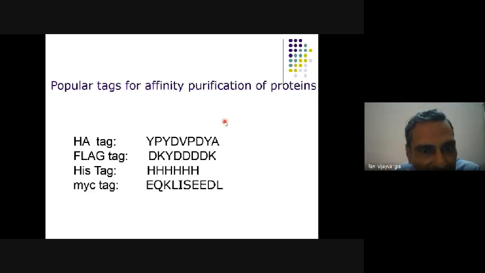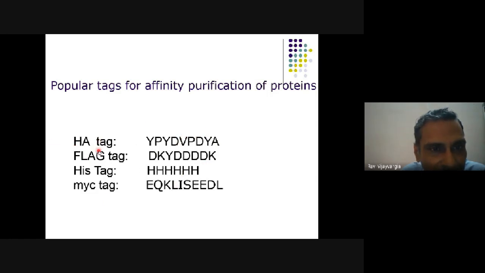These are some of the popular tags: HA tag, FLAG tag, His tag, MYC tag, and the amino acid sequence which codes for these tags. Based on this, you have to introduce the corresponding DNA sequence in your vector, and then whatever proteins you produce will have this particular tag in them, and then you can use this.